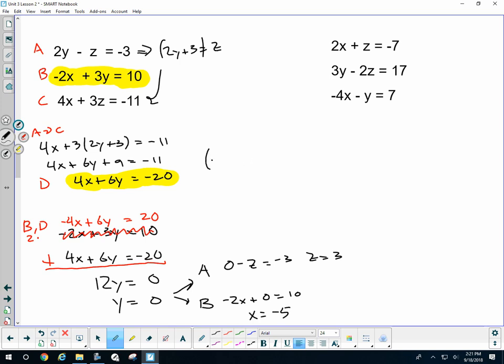So what order do we put them in again? Just whichever ones will help you find the variables you don't know. Is there a specific order? No, this is why this is a little bit more difficult than the ordered pair. Oh, XYZ. XYZ. Yep.